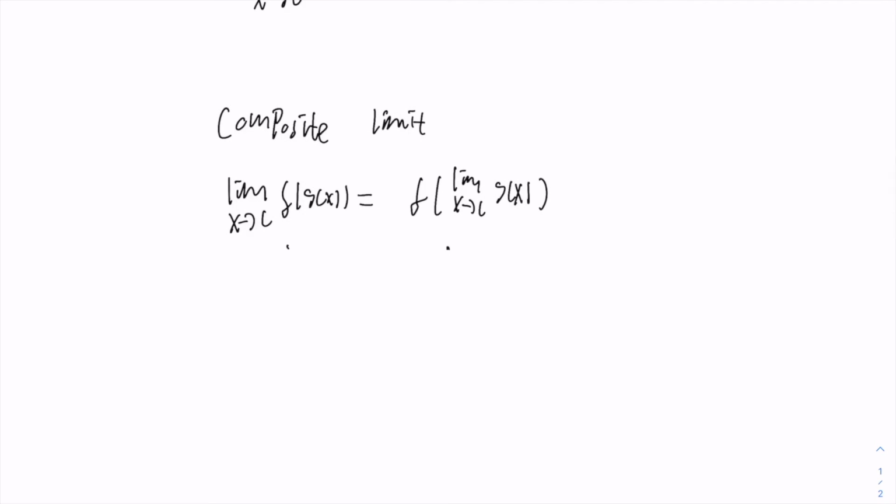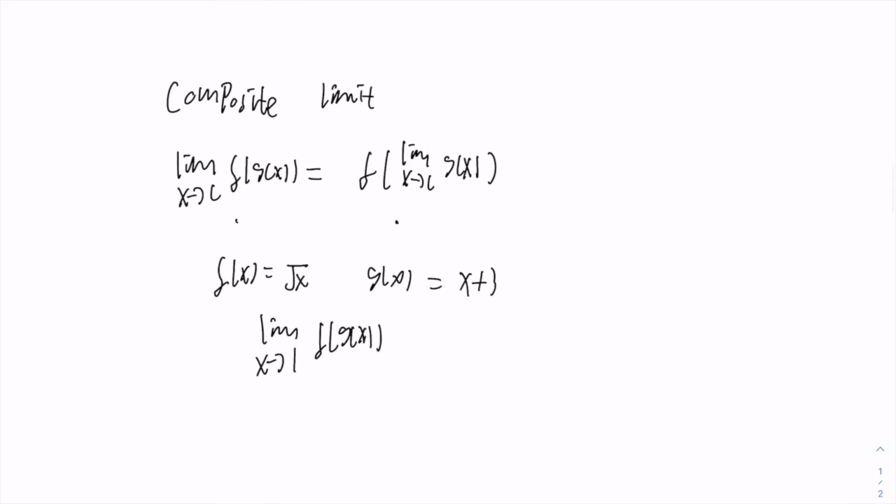When f of x is square root x and g of x is x plus 3, and the limit as x approaches 1 of f of g of x basically means f of the limit as x approaches 1 of g of x.